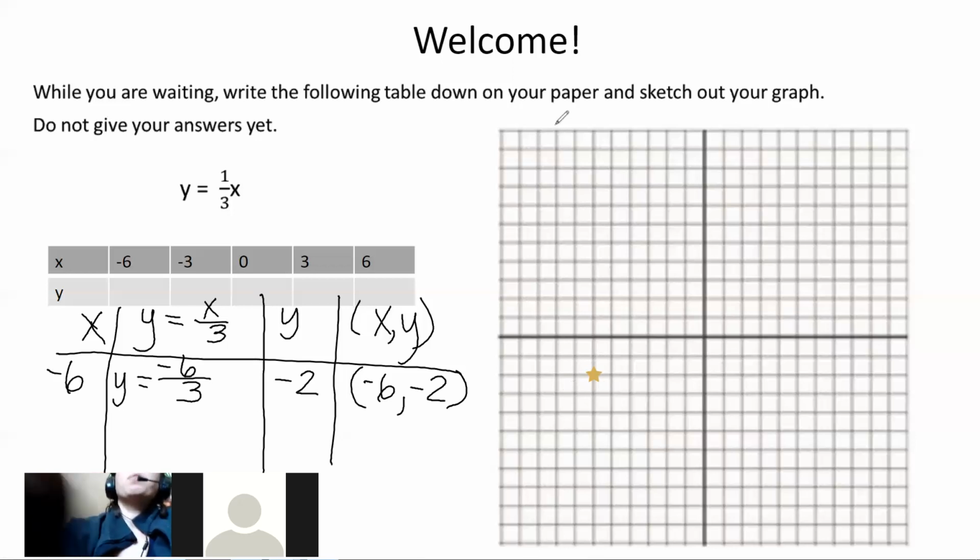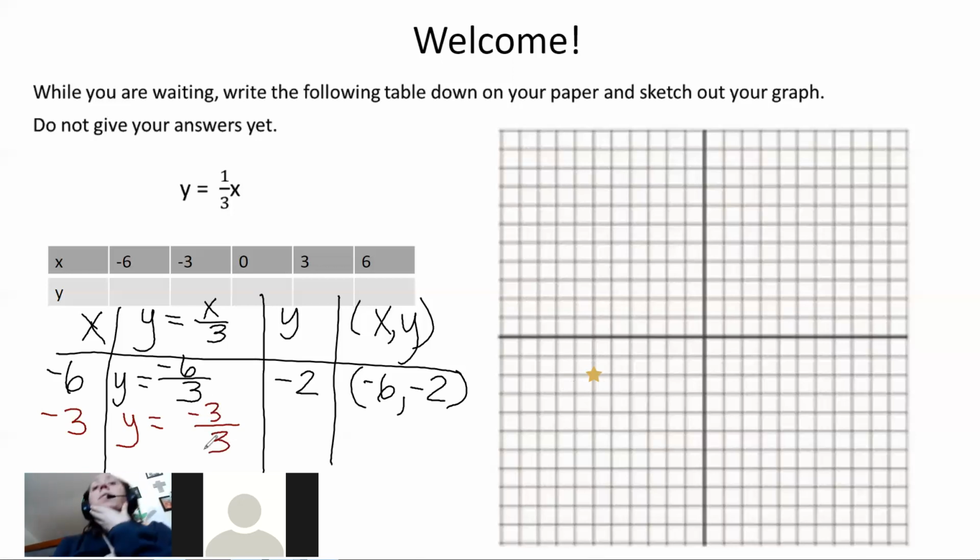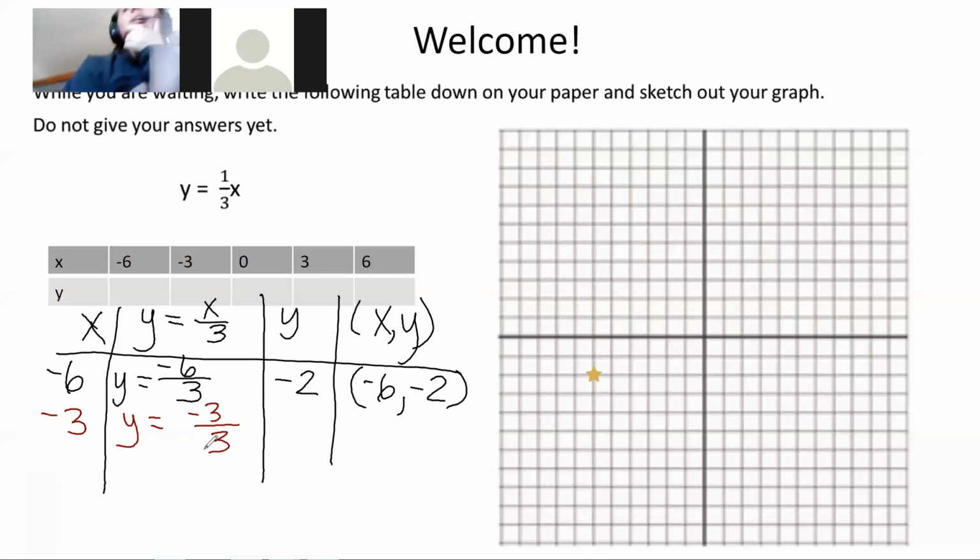Now we're going to do it with -3. We're going to plug -3 in there for x. What is -3 divided by 3? That's okay, you're still awesome. What is -3 divided by 3?